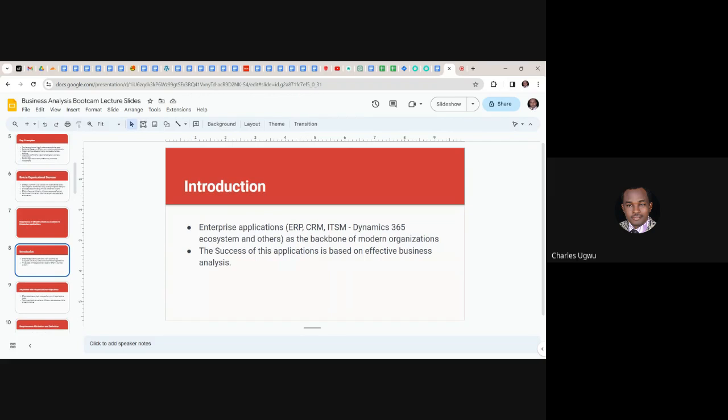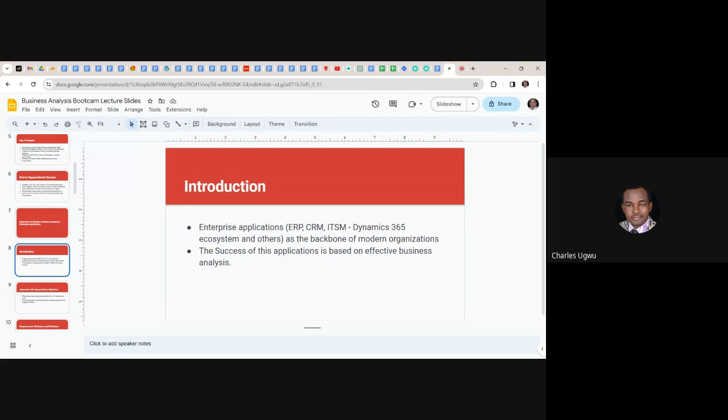That is what we are going into, because I don't dwell so much in theories. I want to give you the practical thing, so you start smelling the practicality of what we're talking about. It's all about enterprise application. We have so many companies well known for their enterprise application.